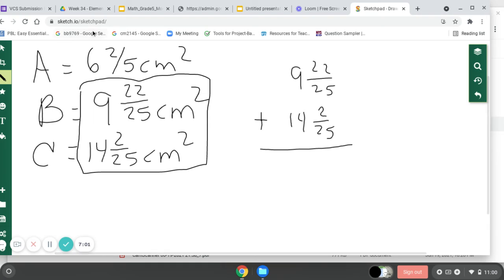So 22 plus 2 gives us 24/25 because our denominator remains the same. And then we're going to add our whole numbers. So the 14 plus the 9 gives us 23.